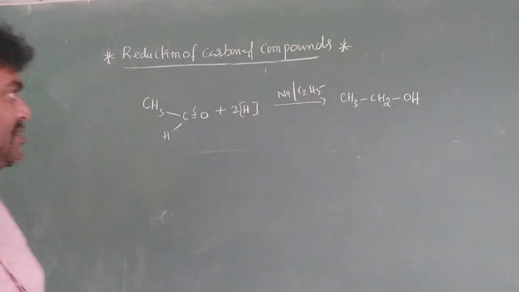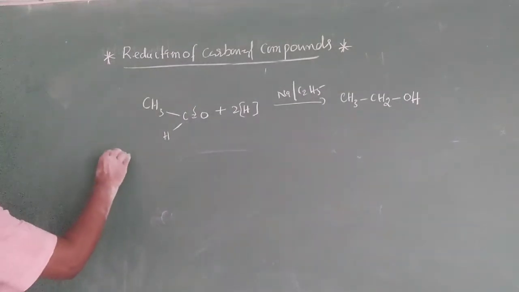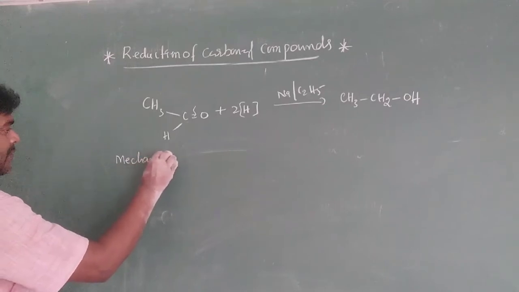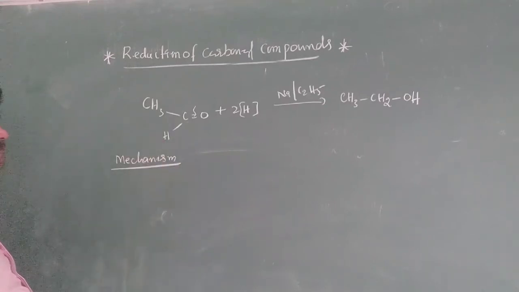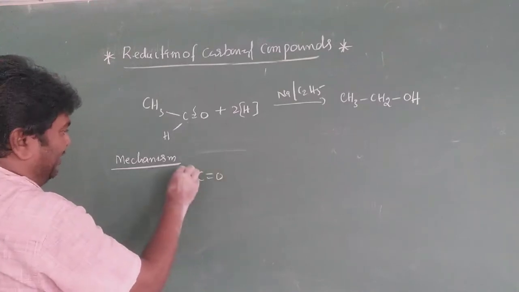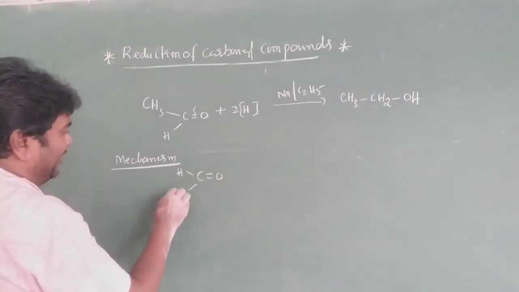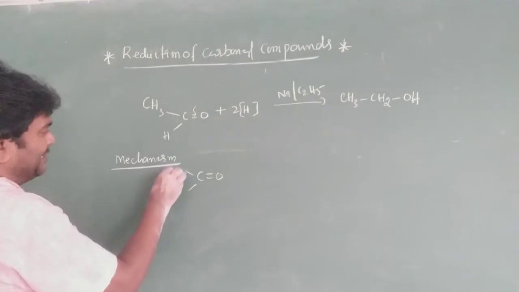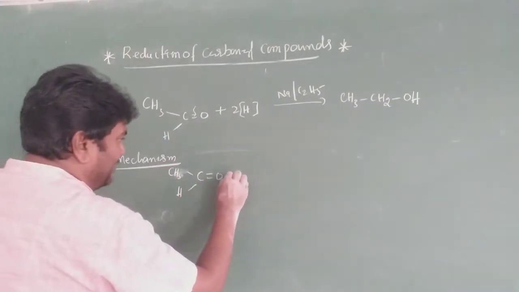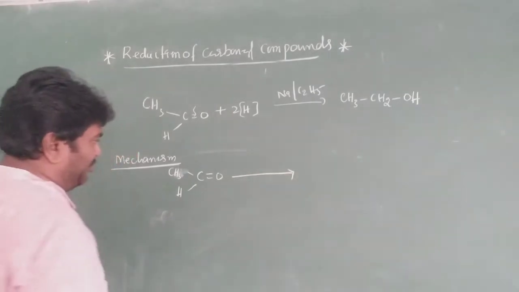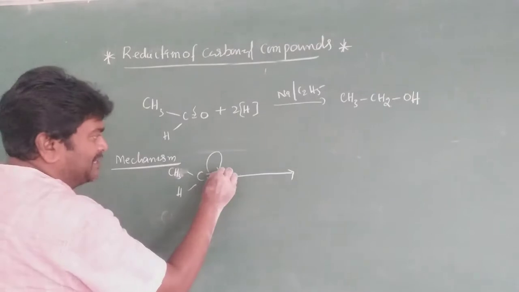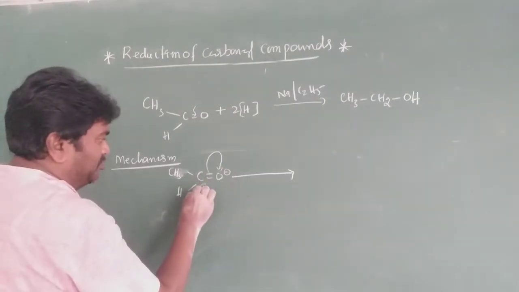My dear students, what is the mechanism? The mechanism is very, very important. Here we have C=O with CH3 and H. These two electrons shift onto oxygen, giving a negative charge and a positive charge.